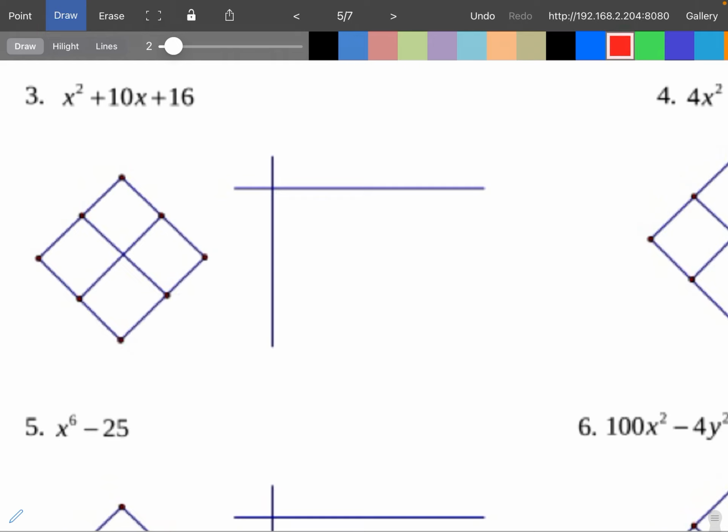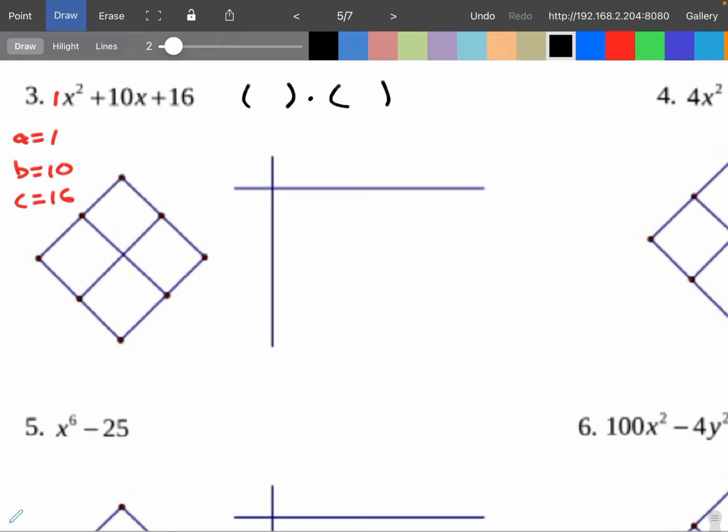All right, let's try 3. So number 3, again, A is 1. So you have A equals 1, B equals 10, C equals 16.